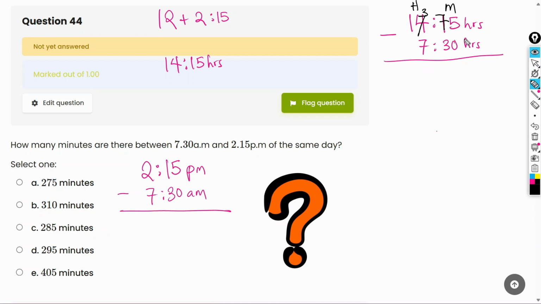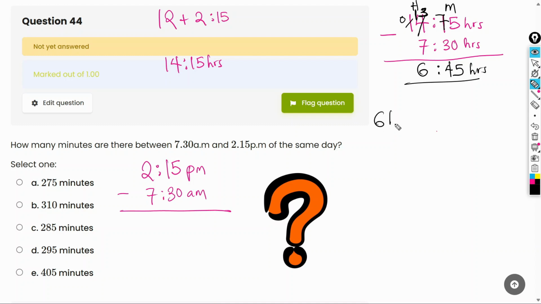So 5 minus 0 is 5. 7 minus 3 is 4. 45 minutes. And then 3 minus 7 wouldn't work. So we borrow 1 from here, 0, and it becomes 13. 13 minus 7 is 6. So it means that between 7:30 a.m. and 2:15 p.m., we have 6 hours, 45 minutes.